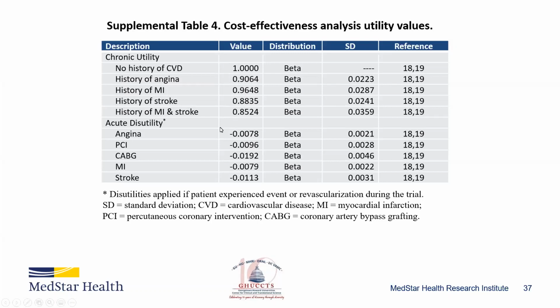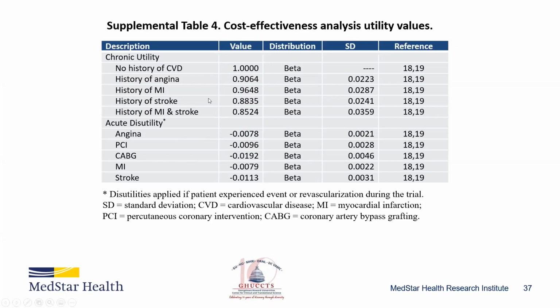And I'll just mention here what are called disutilities, which are somewhat controversial, but these have been calculated in some fashion or another. If you experience one of these during the trial, then your utility value is lessened, or you subtract the disutility value from your utility value.